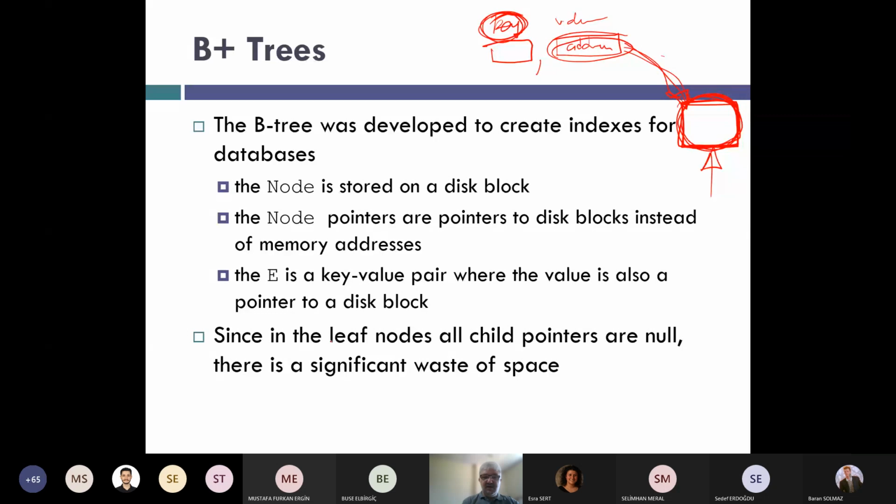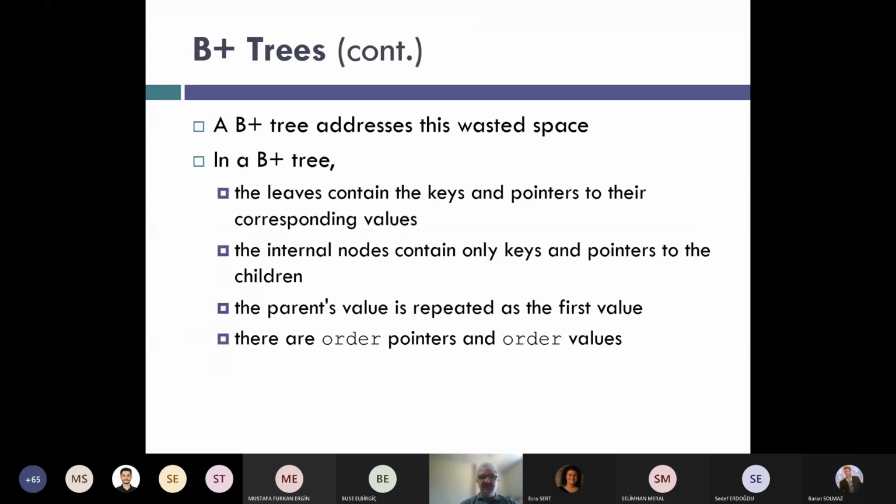Since at leaf nodes, child pointers are a waste of space, they can be used for the address of the value itself.